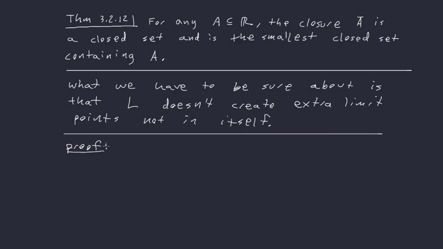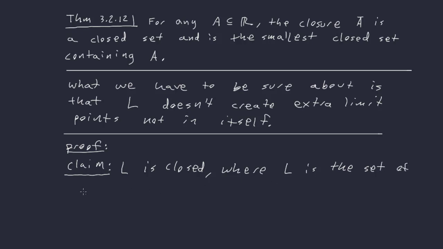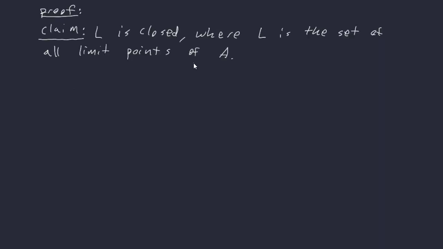Okay, to start with, we'll start with the following claim. All right, our claim is that L is closed, where, let me just redefine it, L is the set of all limit points of A. All right, so we're going to set about proving this claim here that L is closed.